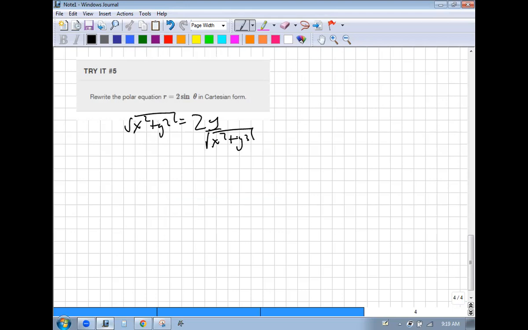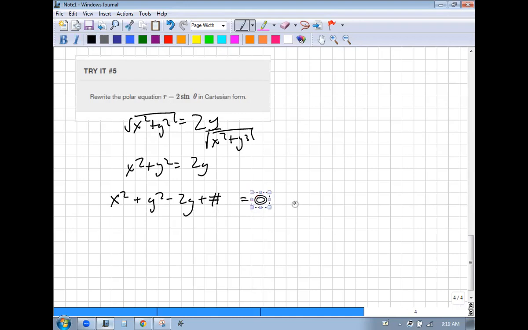If we multiply both sides of this by the square root of x squared plus y squared, we would get this, right? And if I moved the 2y over, right, I would get this. Here I could add, I don't know, I need some number here.